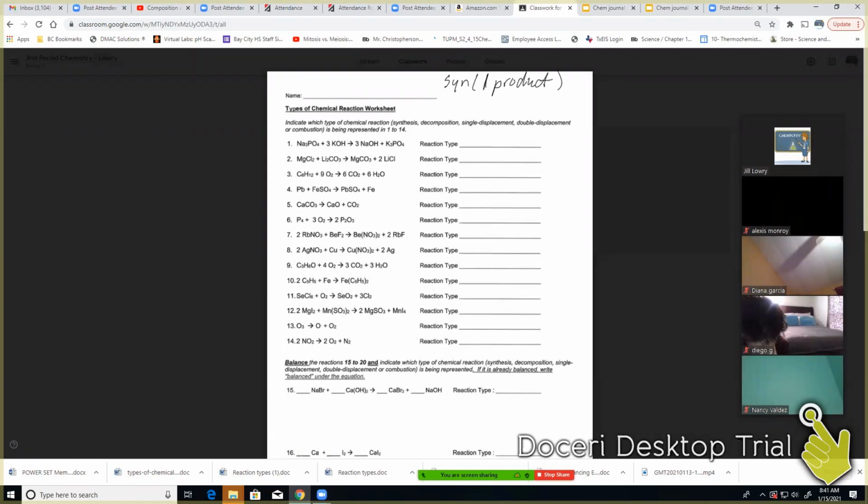So if you go through there, start with number 1, go down, see if you can find a synthesis reaction that only has one product. 6, right? See how it starts off with a couple of reactants, but it only has one product. So on that one, you can just put SYN for synthesis.